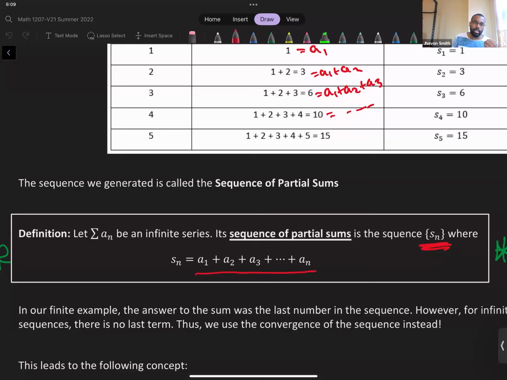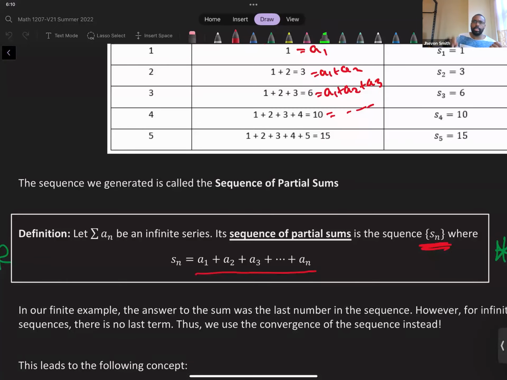And part of that relied on the definition of what a sequence of partial sums is. So the sequence of partial sums is just a sequence, Sn, a list of numbers, and Sn is giving the sum of the first n terms of your sequence. So that's what your Sn is.